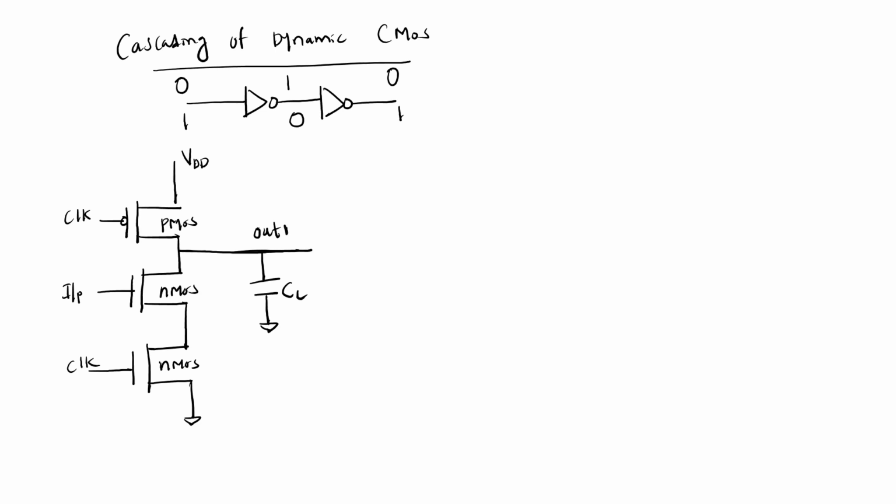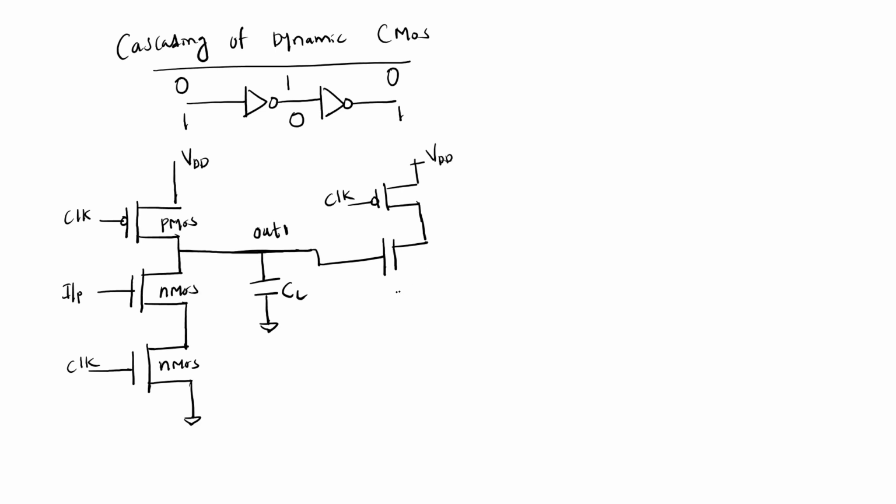Output 1 is given to one more NMOS circuit, and here this is a PMOS circuit. I am giving the gated clock, and this is VDD.